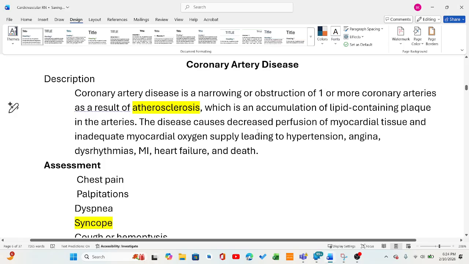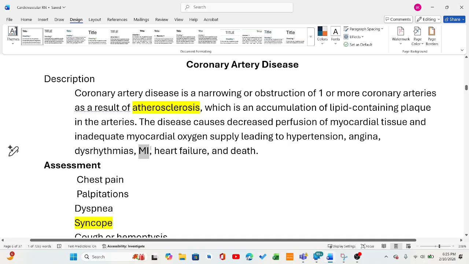This will decrease perfusion, and most of the time it causes myocardial tissue damage, or less oxygen going to the heart muscles. In this case, we'll have angina. When there is a complete blockage, where the heart muscles are not getting oxygen, it will cause a cardiac infarction.